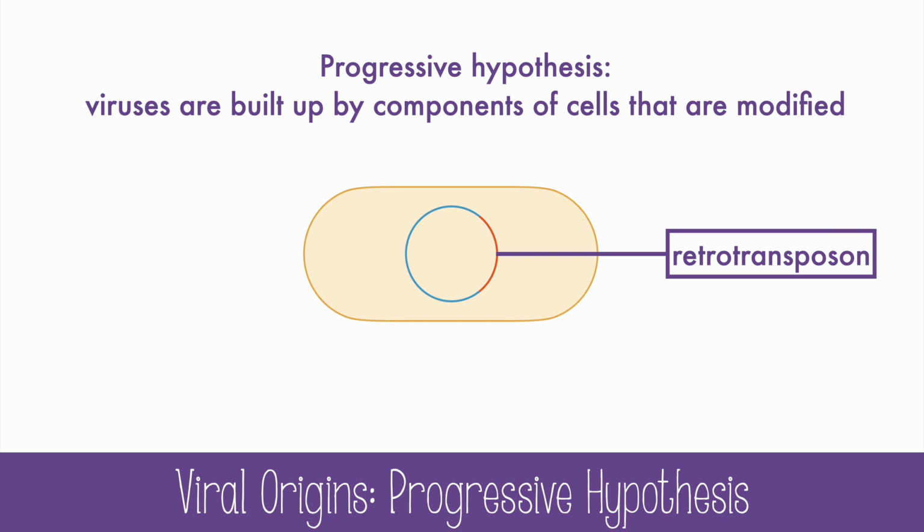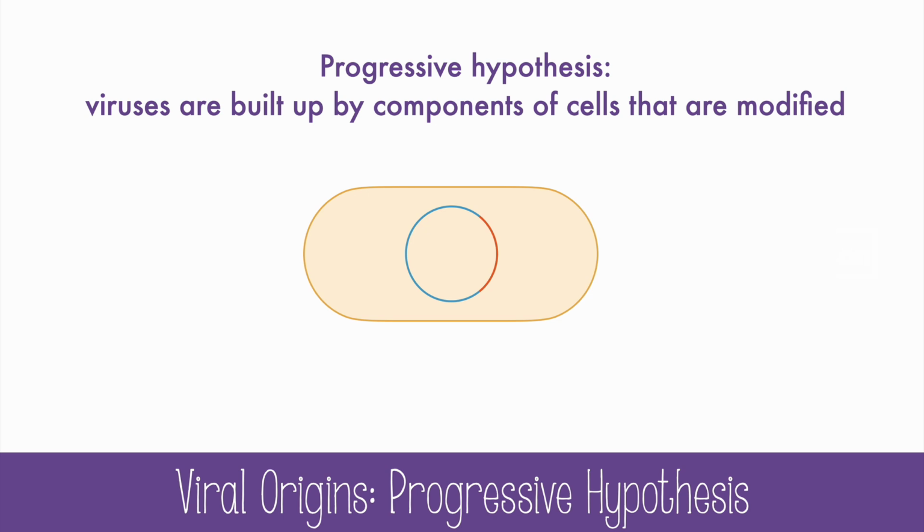When retrotransposons are transcribed and translated, they produce enzymes that can do reverse transcription, allowing DNA to be made from RNA and inserted into chromosomes in random positions. This action is very similar to how HIV works. The original viruses may have also used host cell proteins to create their capsids.